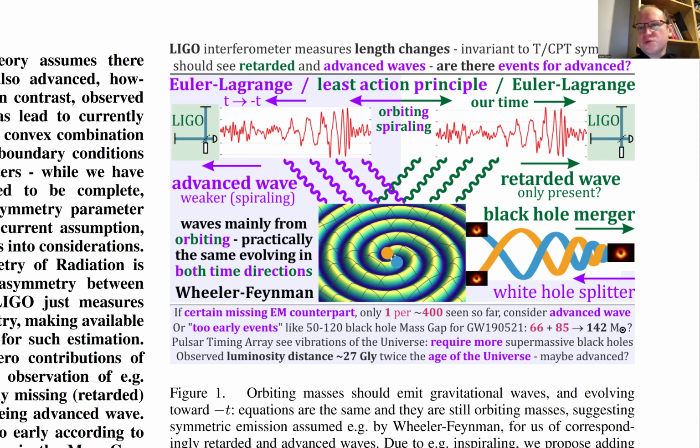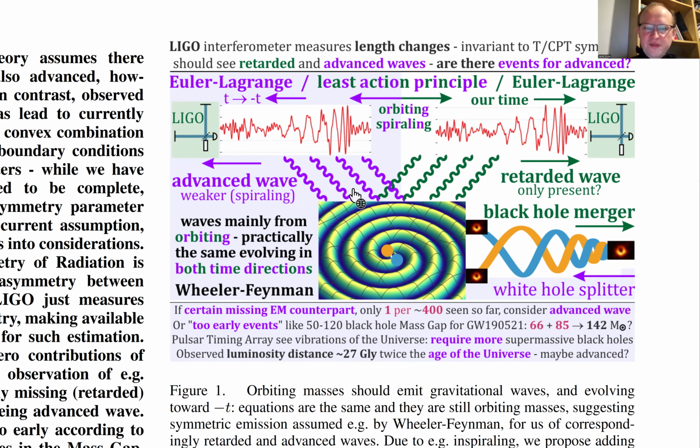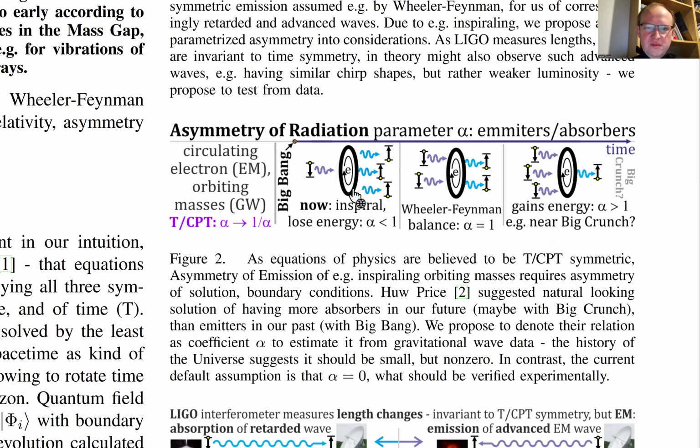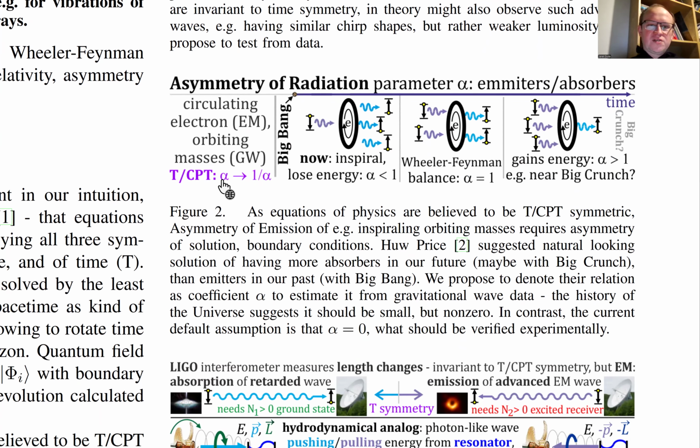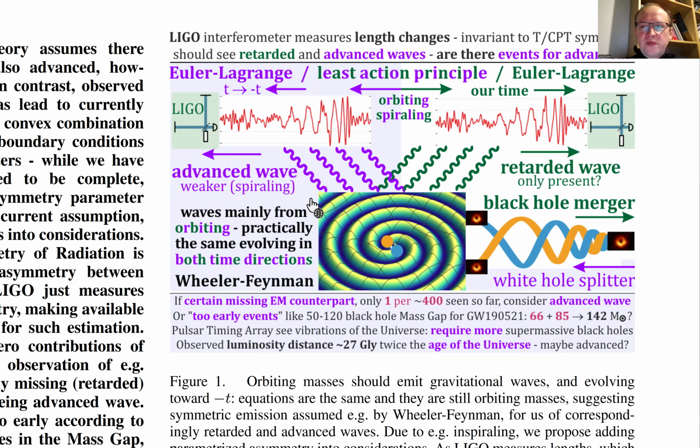Instead of assuming it, we should test it and try to estimate this asymmetry coefficient, which I called alpha here. If the equations are symmetric, the asymmetry has to come from the solution. The boundary conditions are asymmetric, so the amounts of advanced and retarded waves are not symmetric. There is definitely more of the latter than the former. The question is if there is a non-zero amount of the advanced ones.